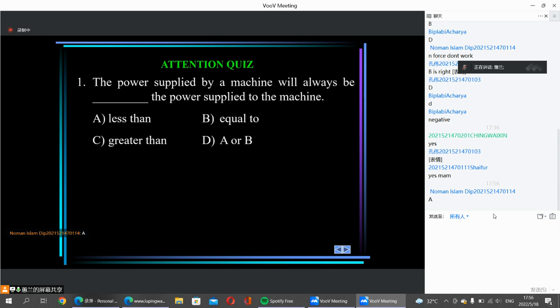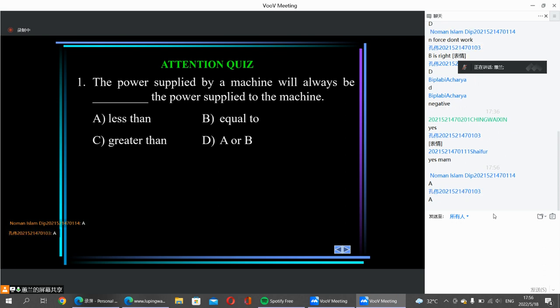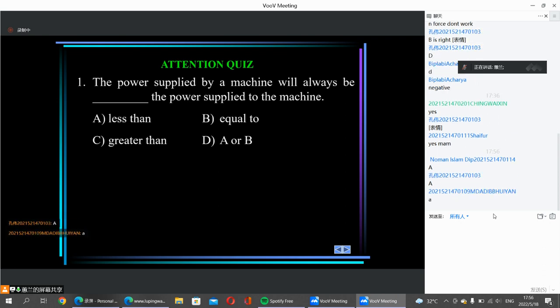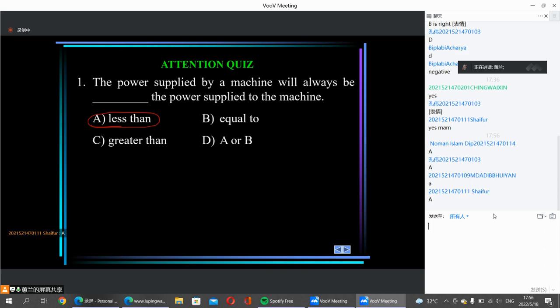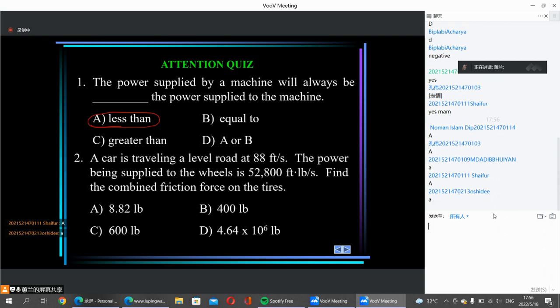The power supplied by a machine is the output power. The power supplied to the machine is the input power. So it will always be less than. That means the efficiency will always be less than 1 because there will be loss by the friction force. Yes, thank you very much. The answer should be A.